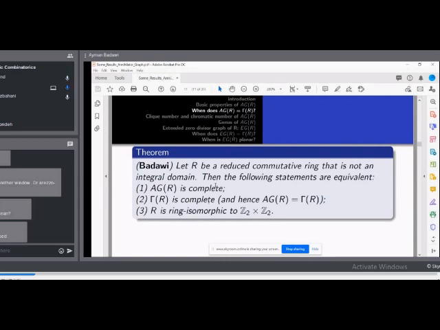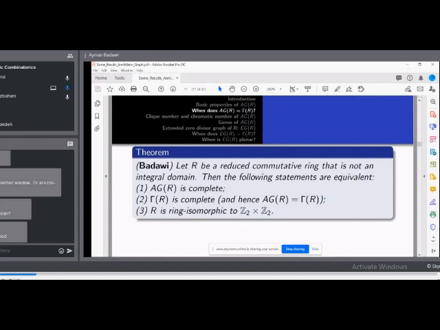Okay. Here is another result. If the ring is reduced, that is, not an integral domain, then the following are equivalent. The annihilator graph is complete. The zero-divisor graph is complete.